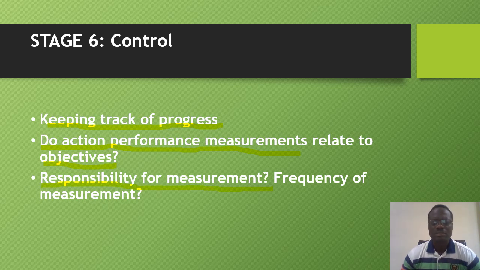Now, responsibility for measurement, frequency of measurement. It means that whilst you are doing the project or the advertising campaign, there should be frequent assessments and different types of assessments taking place. You can, of course, do pre-testing, pre-assessment before the campaign, during the campaign, and then after the campaign. So pre, and then during, and then post.